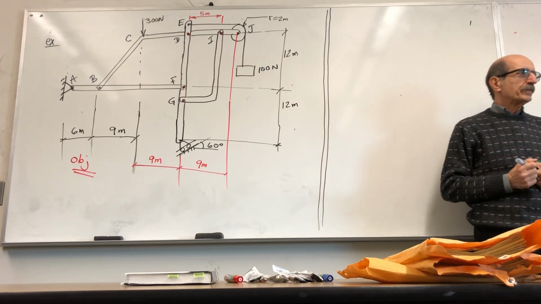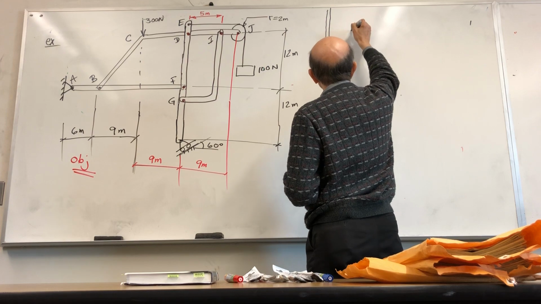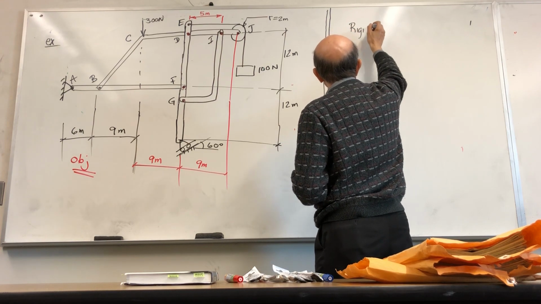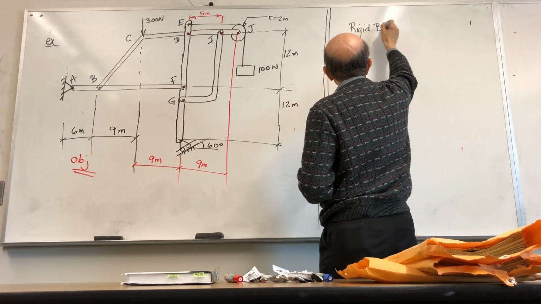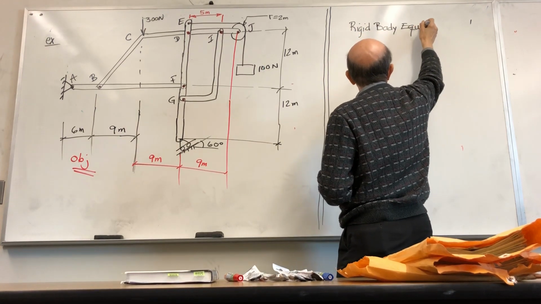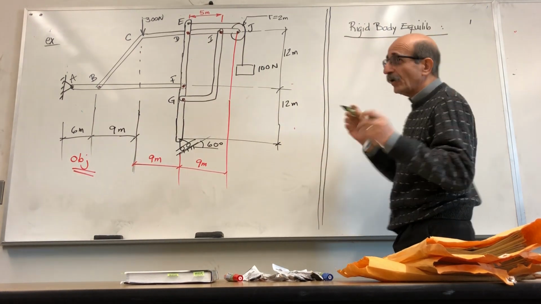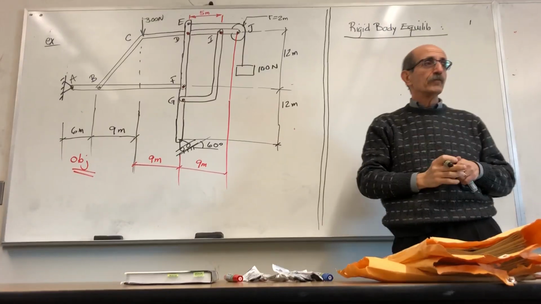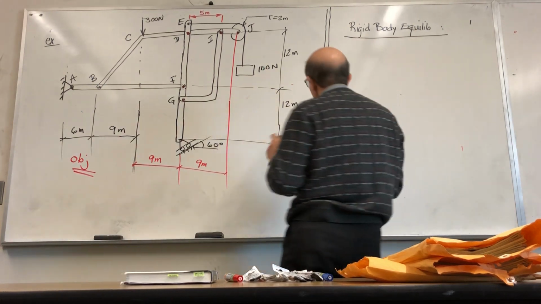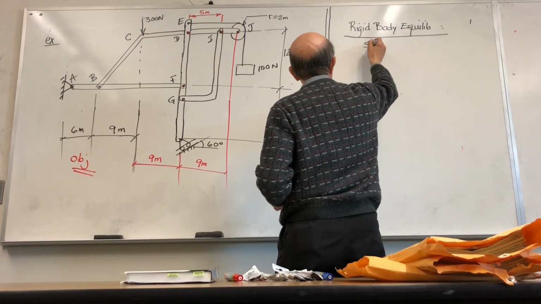Where were we? We started the concept of rigid body equilibrium, which in a sense you can call a preliminary or elementary type of structural analysis.